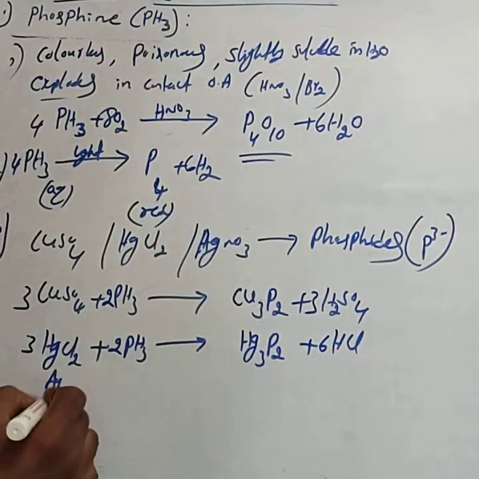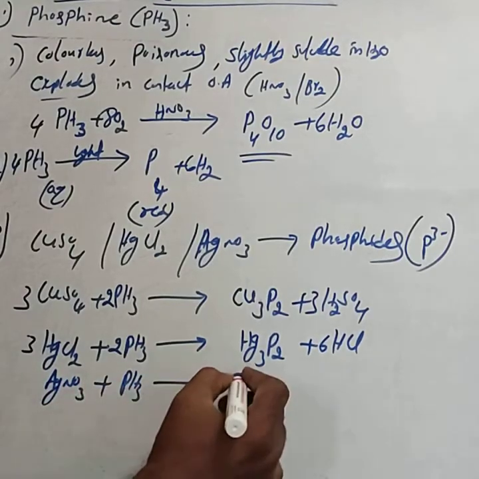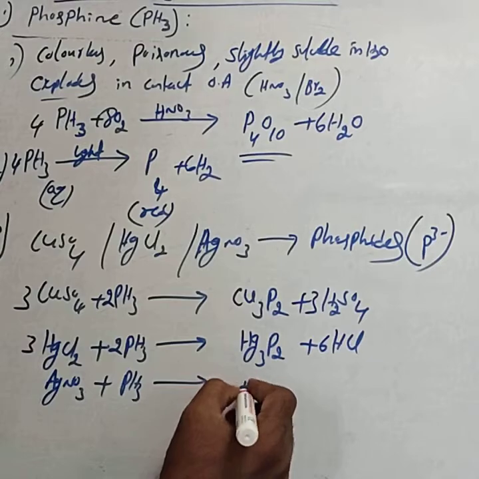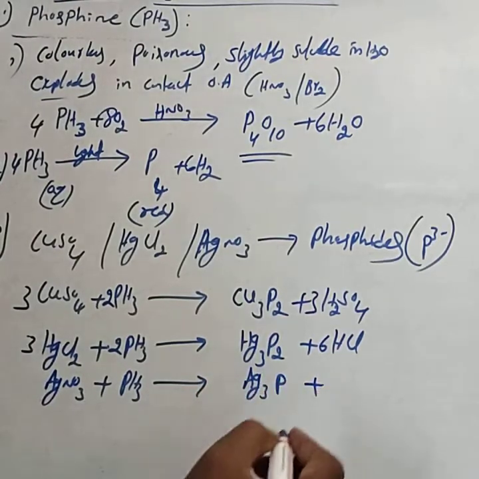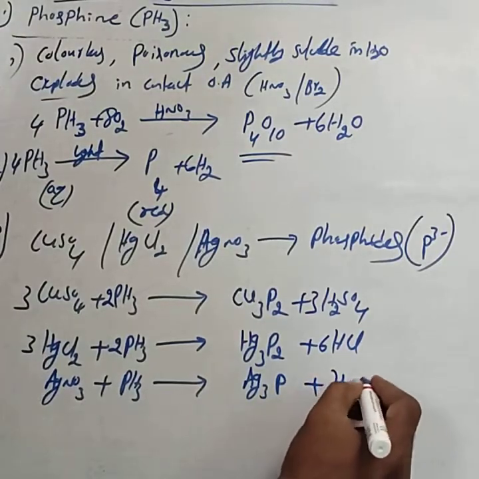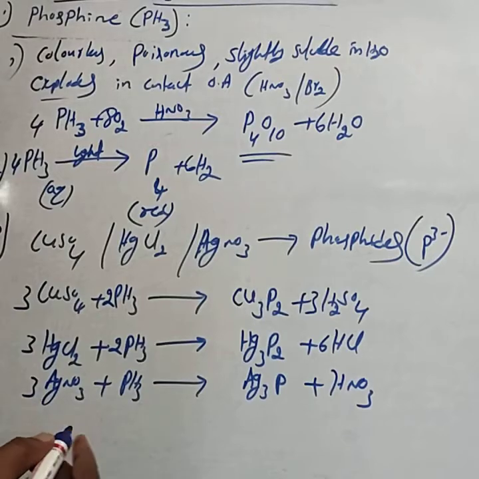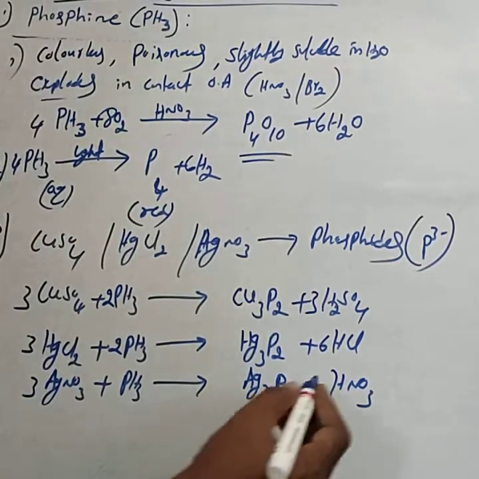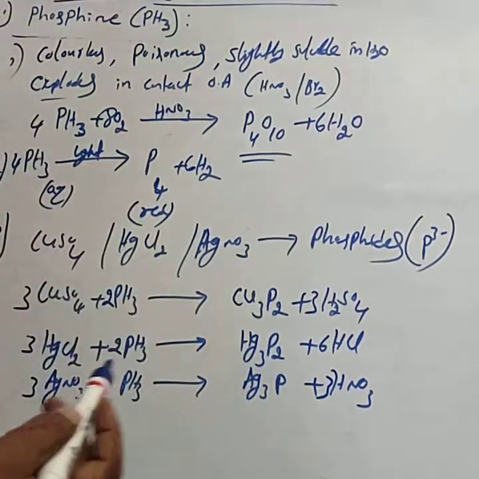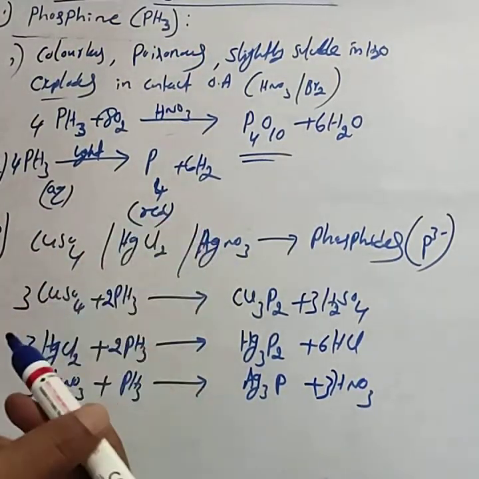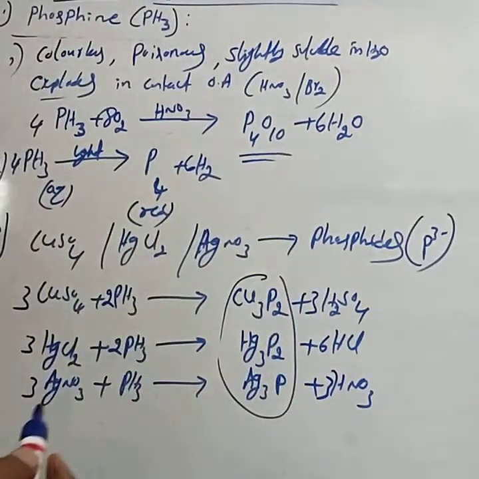With AgNO3, it forms silver phosphide Ag3P and HNO3: 3AgNO3 + PH3 gives Ag3P + 3HNO3. These are the corresponding phosphides formed.